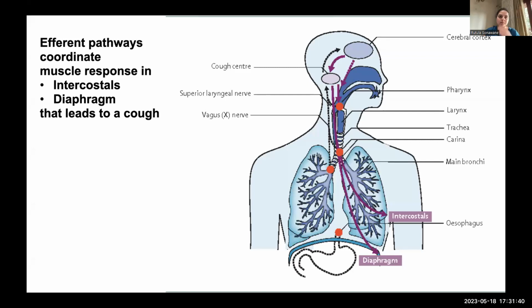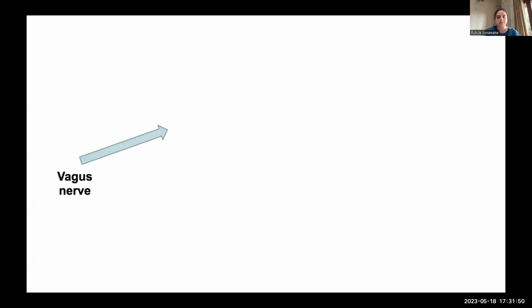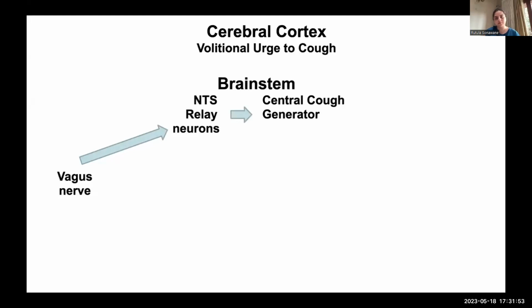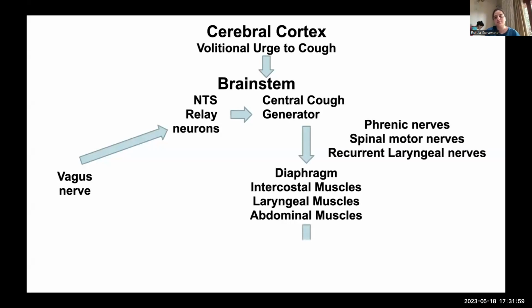The efferent pathway basically coordinates the muscle response in the intercostals and the diaphragm muscles. So basically what happens is the vagus nerve transmits to the NTS and cough center, which leads to the diaphragm via the phrenic nerves and the spinal motor nerves and produces cough.